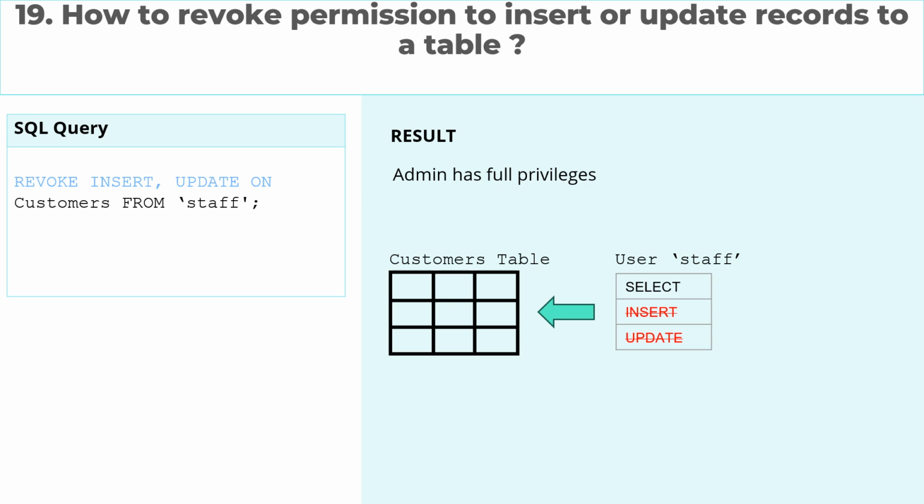From staff targets the user group staff to whom these permissions are removed. With this change, the restaurant staff can still view customer information if they have the select permission, but they won't be able to add or change any customer data, ensuring tighter control over the customer records.